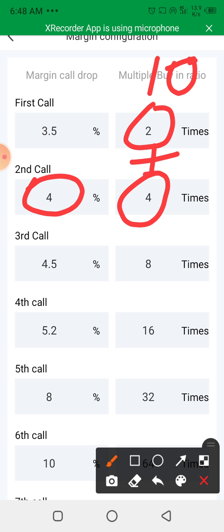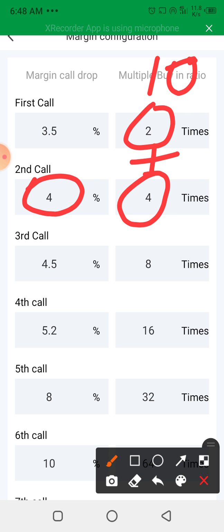Okay. Now, I believe this setting is for somebody that has huge amounts of money. But if your amount is small, be able to reduce it to fit into the amount you have. Okay.